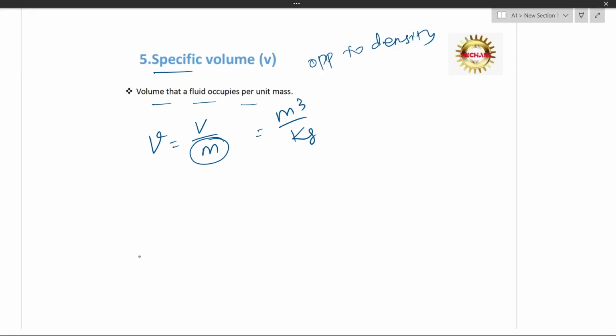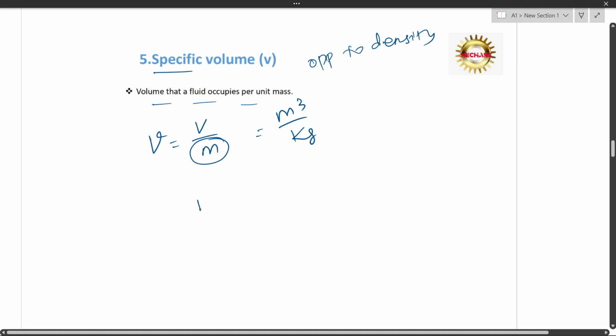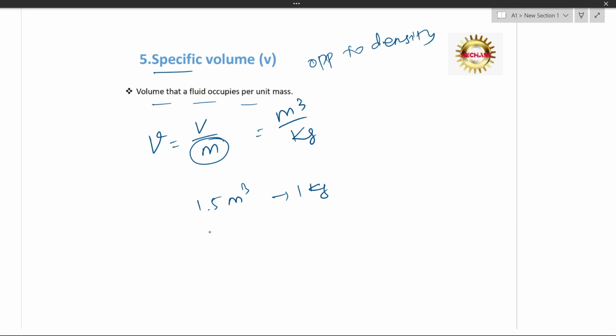If a substance needs more volume to create 1 kilogram of mass, that substance has more specific volume. For an example, if one object, A, has 1.5 meter cube to create 1 kg mass, and another object, B, has 1 meter cube volume to create 1 kg of mass, then A has more specific volume.